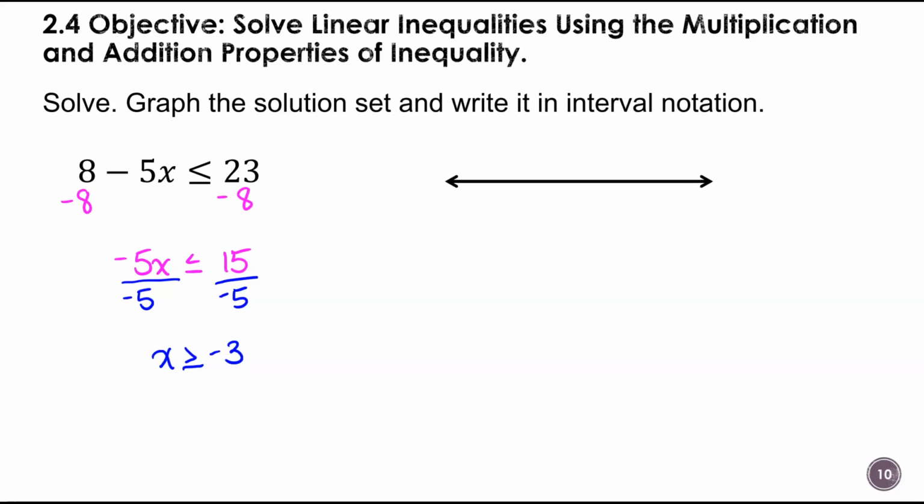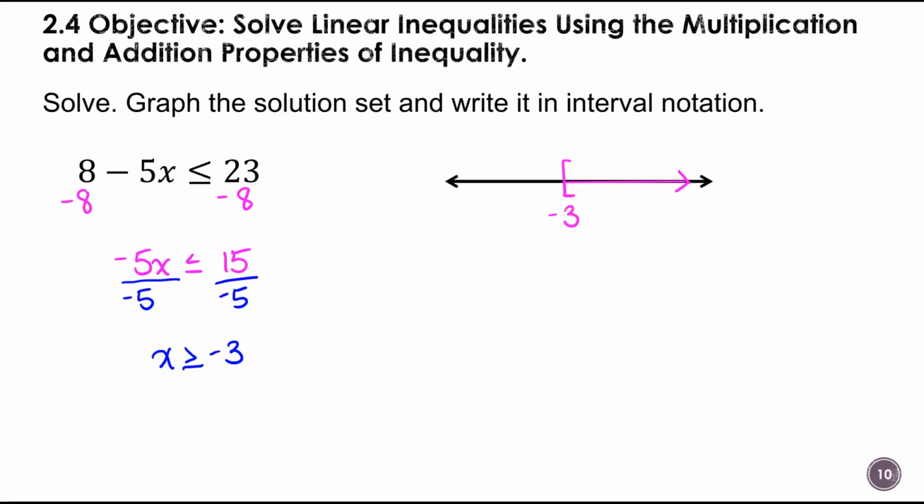So on the graph, we go with greater than or equal to, so it's going to be a bracket opening to the right, starting at negative 3. I'll draw my line this way. Notice that I'm graphing right on the graph. Some people like to use little squiggle things, and I'm fine with that, whatever you're familiar with.